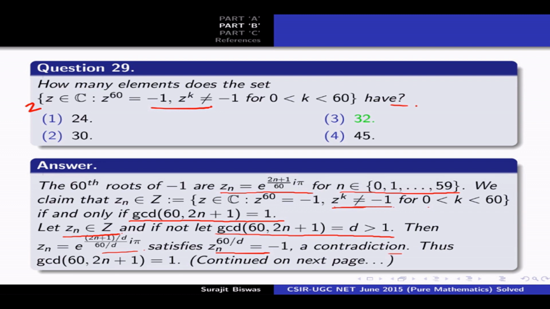So that is a contradiction. Thus GCD of 60 and 2n+1 has to be equal to 1. Now we have to prove the converse.